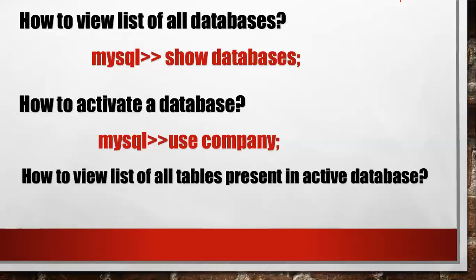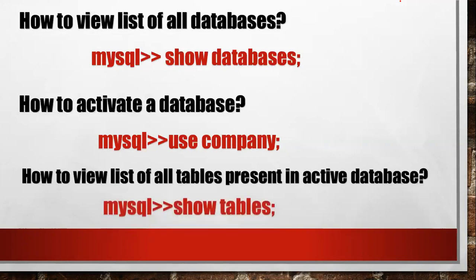After that, suppose how to view the list of all tables present in the active database. Suppose we have activated the database company, and now we want to see how many tables are present in this company database. You know that for this, we have to write show tables. Remember one thing, right now the company database is a new database.